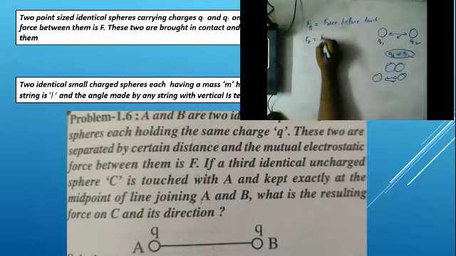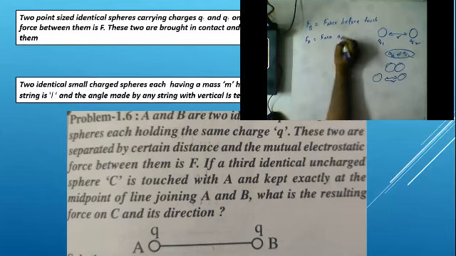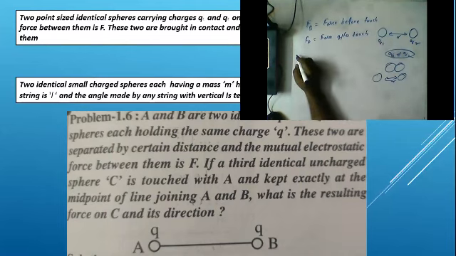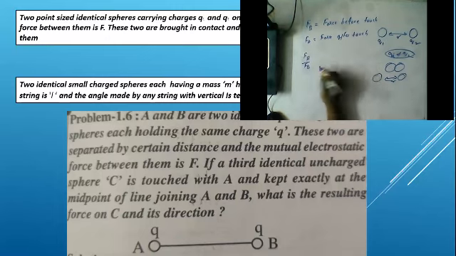FA means force after touch. What I require is FA by FB. So how do we obtain this? First of all, FB, force before touch.